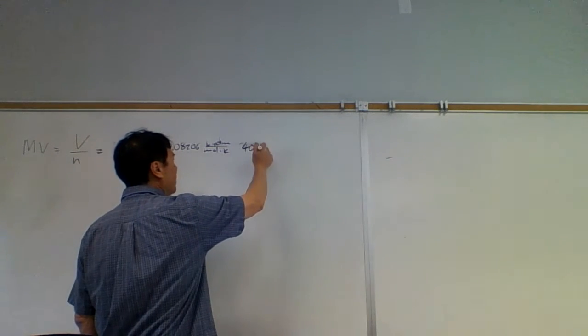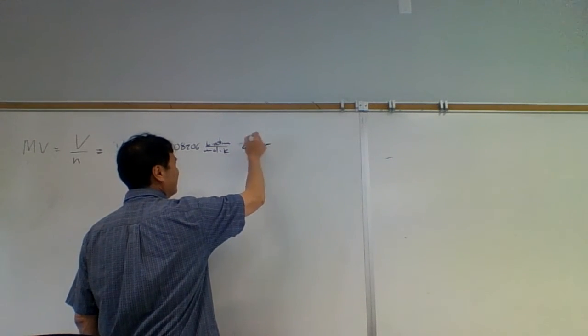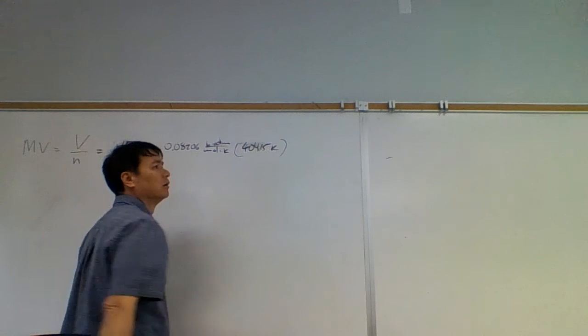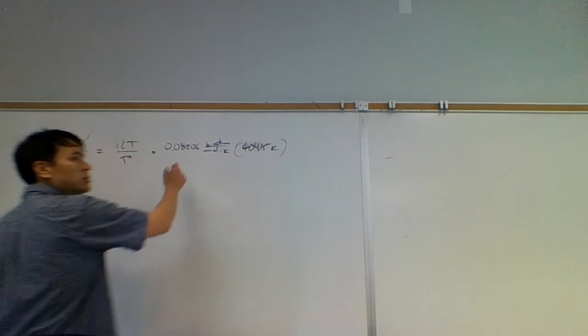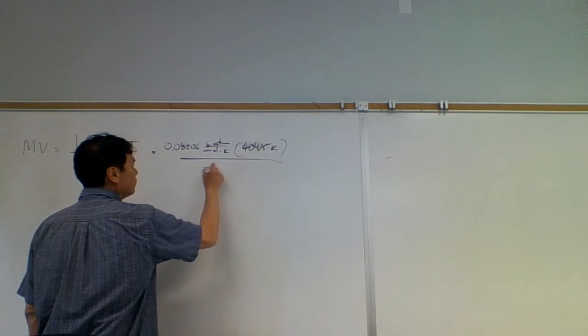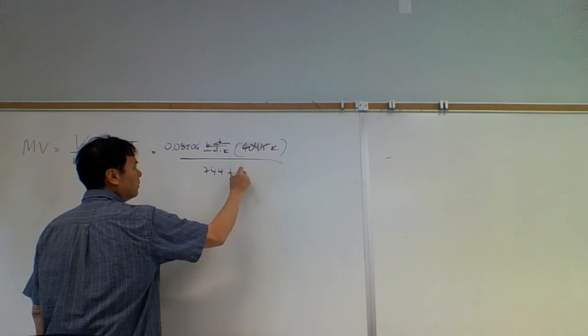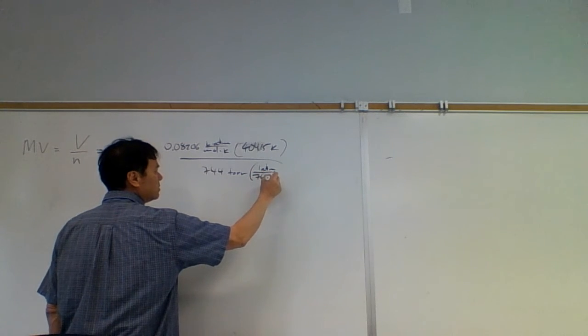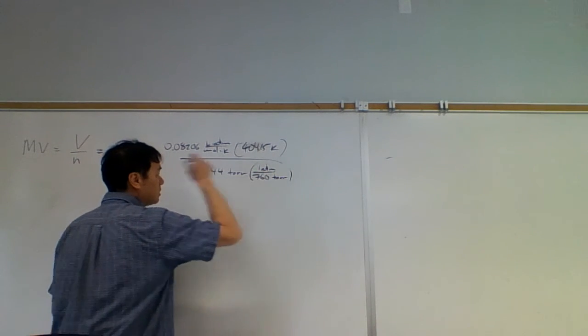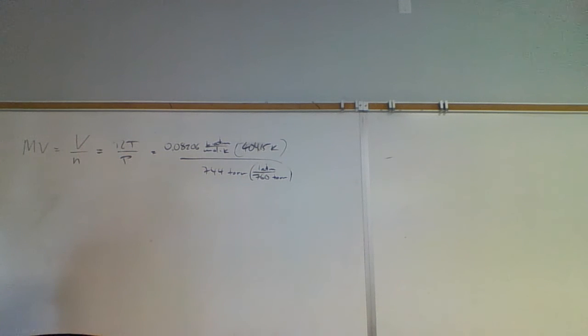We could do the 273.15 Kelvin, but oftentimes the 0.15 is left off. It just introduces a small error. Okay, so we just need the pressure here. The pressure is 744 torr, and the conversion factor is 1 atmosphere is exactly equal to 760 torr. So that's exact. Anyway, we're allowed 3 sig figs.